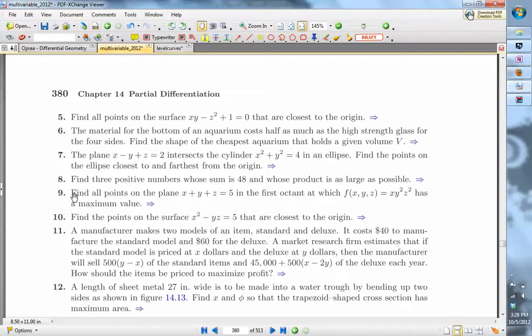The material for the bottom of an aquarium costs half as much as the side material. This is an open-topped rectangular glass aquarium. Find the shape of the cheapest aquarium that holds a given volume. Classic contrived manufacturing problem for calculus, but we'll see how it goes.